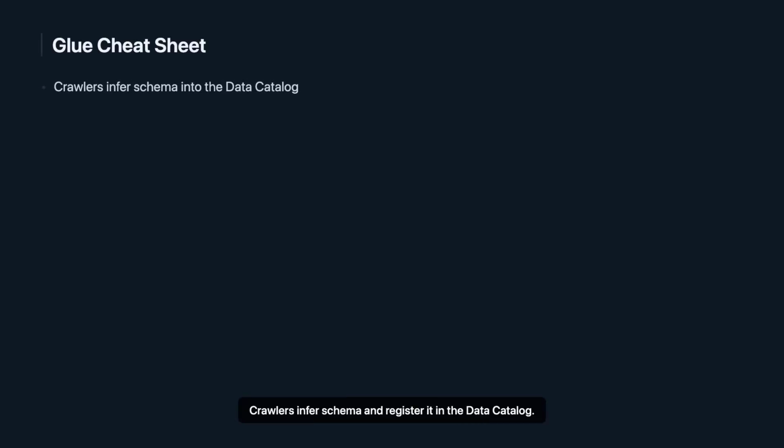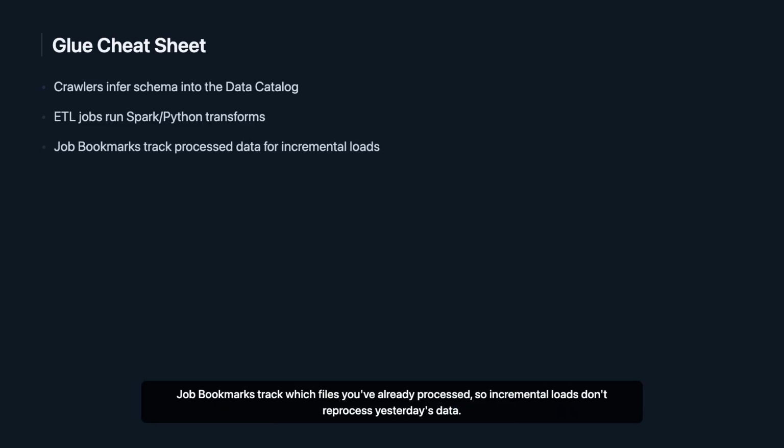Glue in 6 lines. Crawlers infer schema and register it in the data catalog. ETL jobs run your Spark and Python transforms. Job bookmarks track which files you've already processed, so incremental loads don't reprocess yesterday's data.